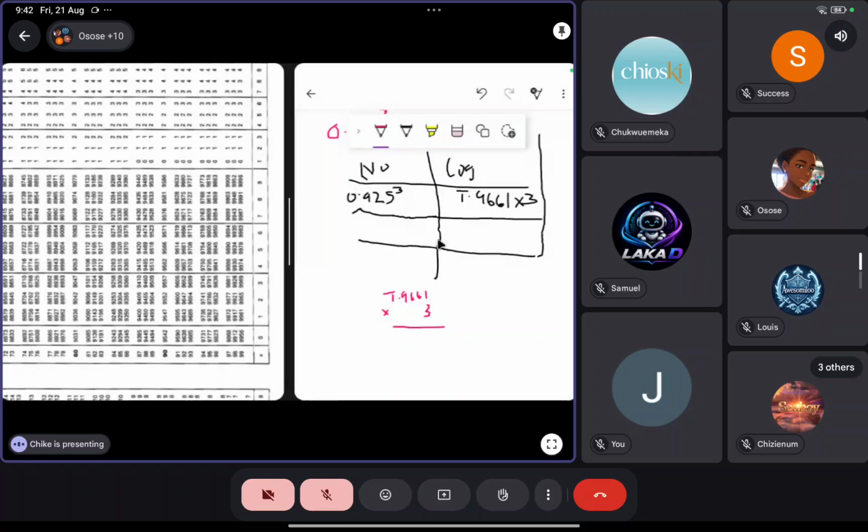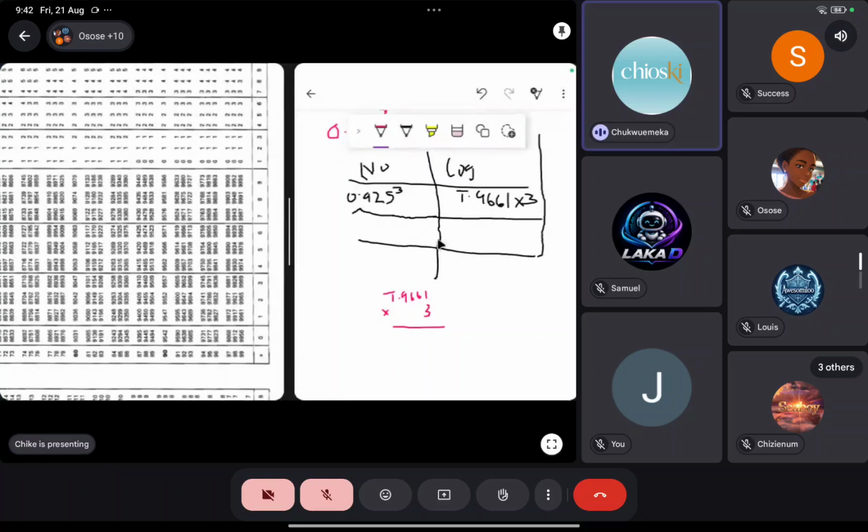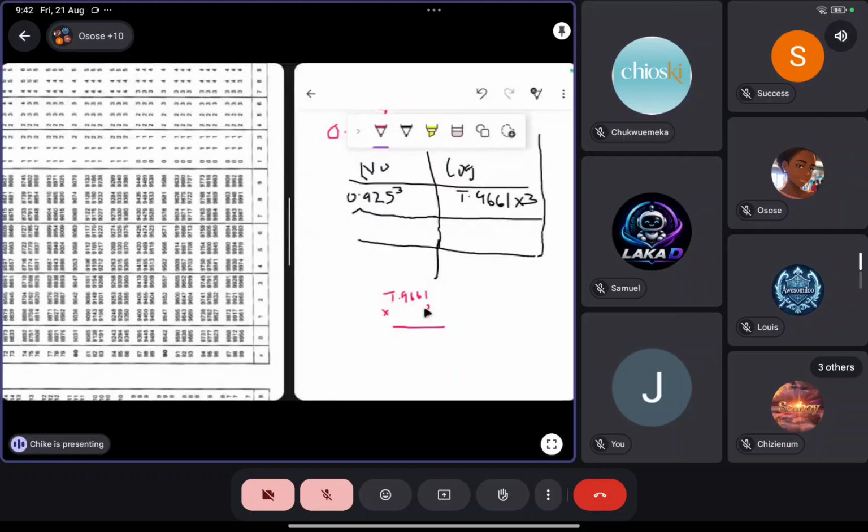You get that? So are we just meant to multiply the 9661? Another way to do it is you can multiply the 0.9661, like Anita said. You can separate it and then multiply, but it's going to be complex. Instead, we usually separate it when we are dividing.